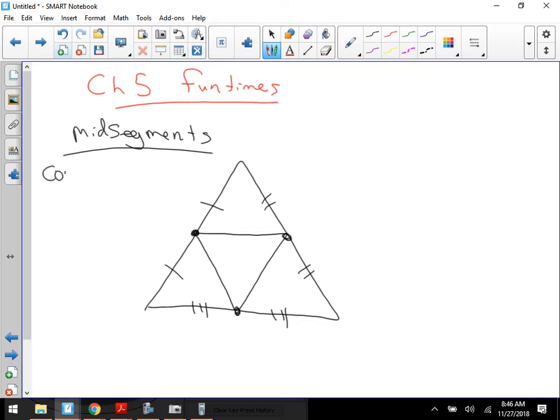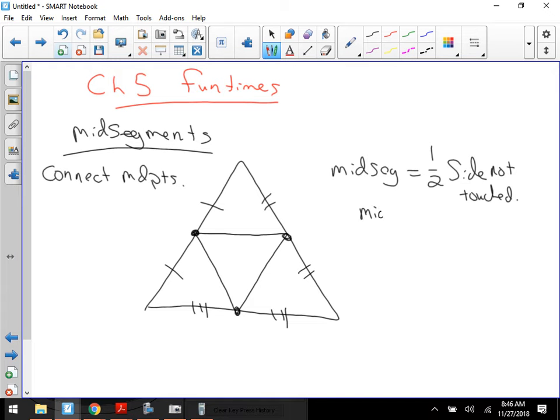They connect midpoints. Mid-segment did two things. It's equal to half the side not touched, and the mid-segment was also parallel to the side not touched.